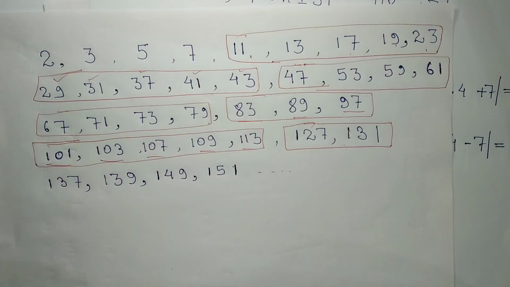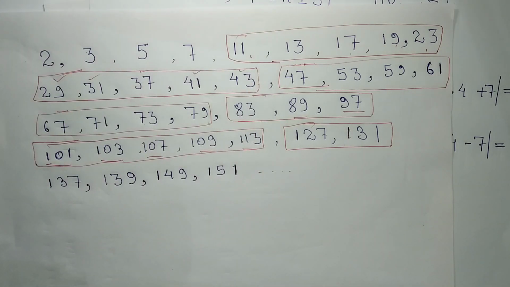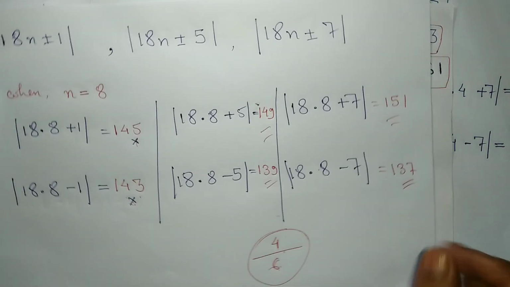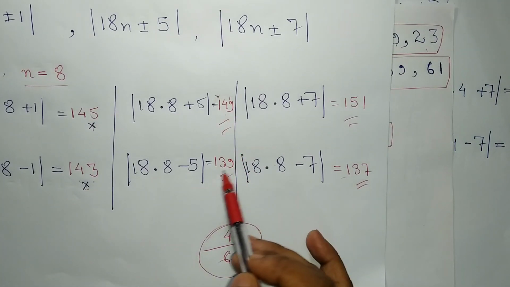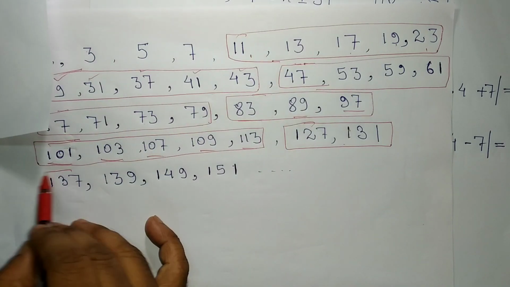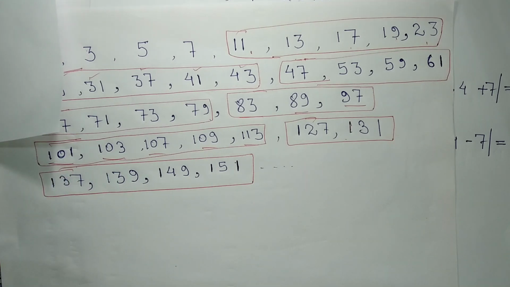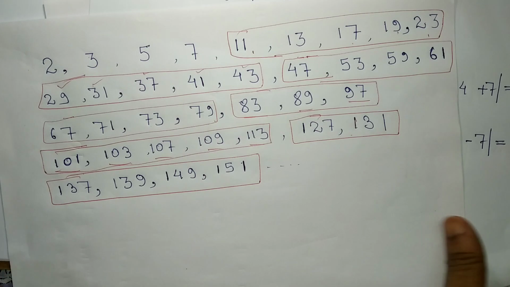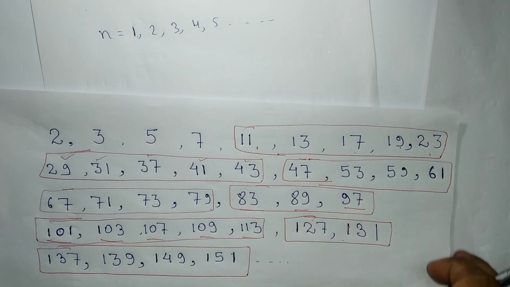Okay, now let's see, we are getting 4 primes, 149, 139, 151, 137. We are getting all 4 primes.